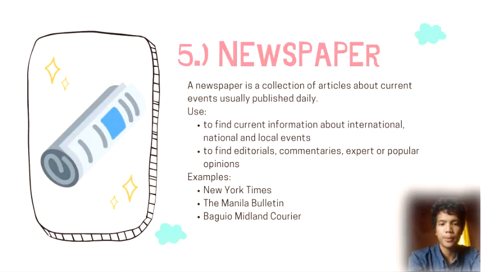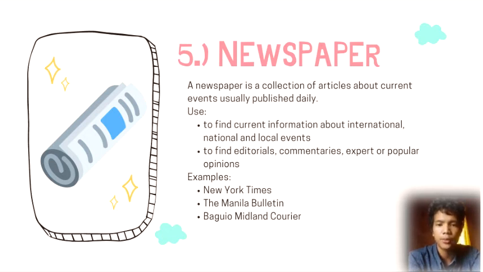Next is the newspaper. A newspaper is a collection of articles written by different authors about current events, and it is usually published daily. Sometimes newspapers include literary works like poetry, prose, and short stories. We use newspapers to find current information about international, national, and local events.